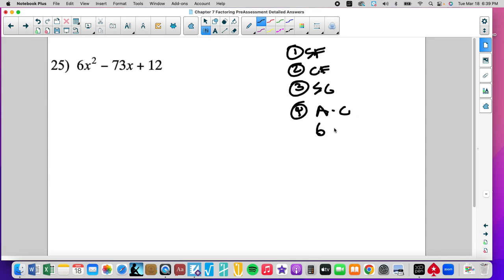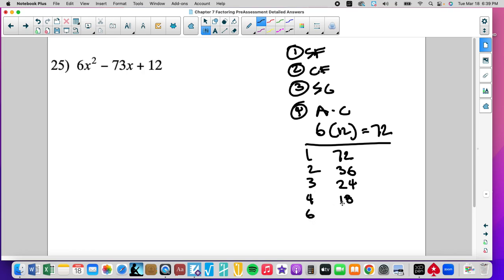A is 6, C is 12, so 72. 1 and 72, 2 and 36, 3 and 24. 4 and 18. 5 no. 6 yes. 6 and 12. 7 no. 8 and 9.